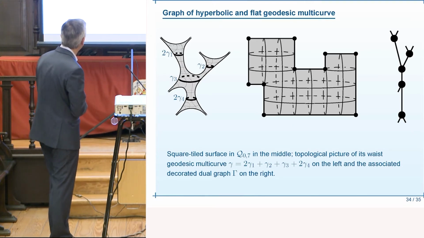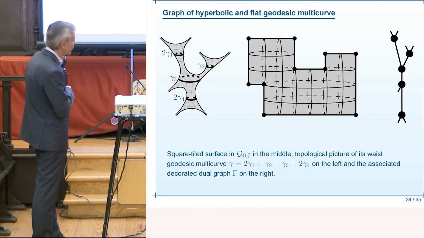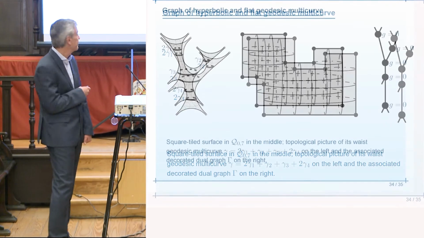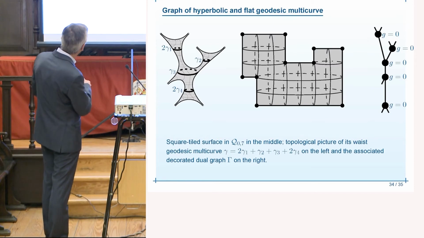We have 7 cusps. The curves in black here are exactly the horizontal curves which we draw, which pass through the center of the square, except that, since here we have a flat cylinder of height 2, I have to take this curve with weight 2, and here we also have a curve here and a curve here.